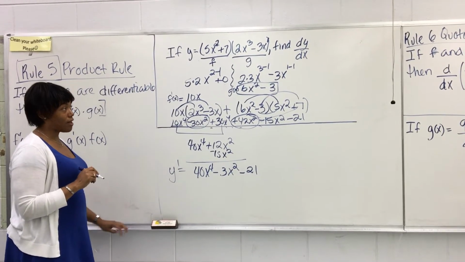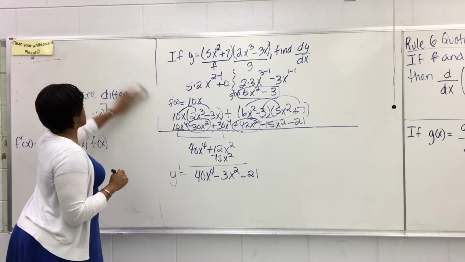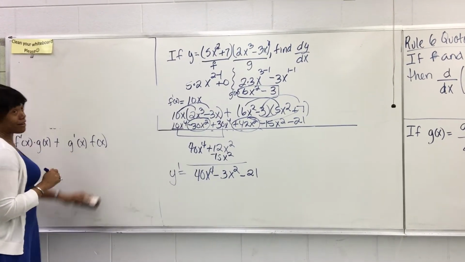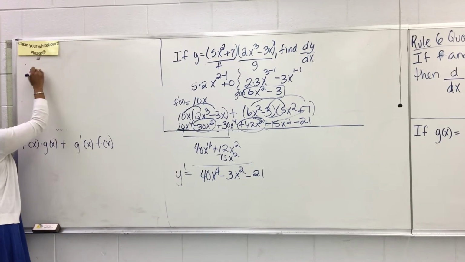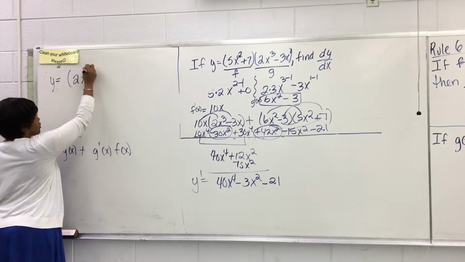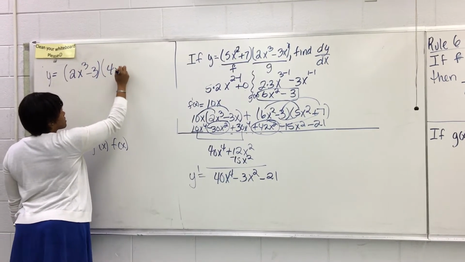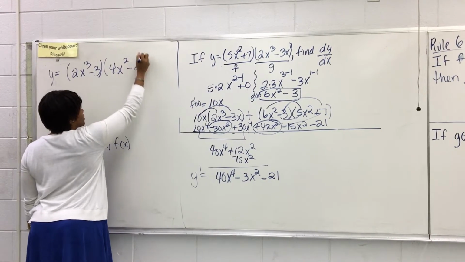So shall we try another one? We surely can. So I'm not sure what I had up there before, but we'll roll with it. So let's say y equals 2x cubed minus 3 times 4x squared minus 2.